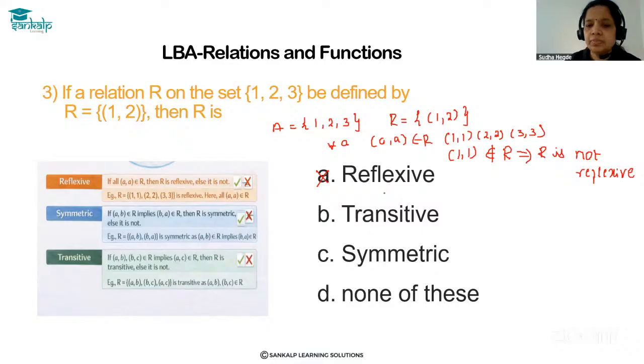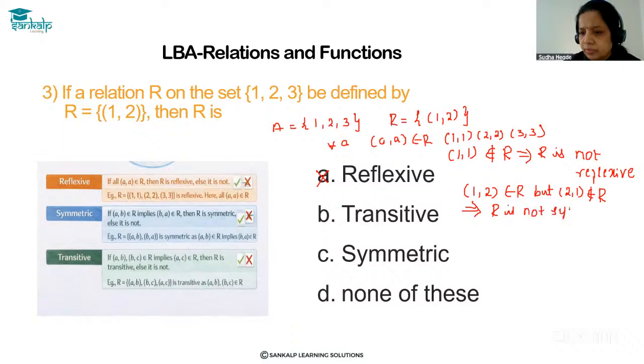Next, (1, 2) belongs to R, but (2, 1) does not belong to R. This implies R is not symmetric.